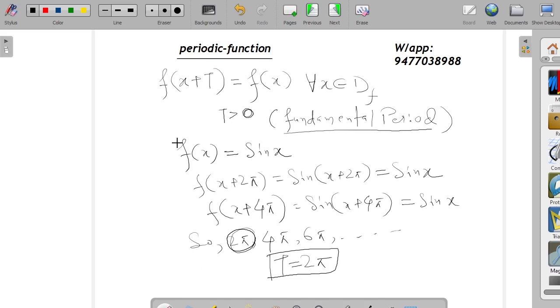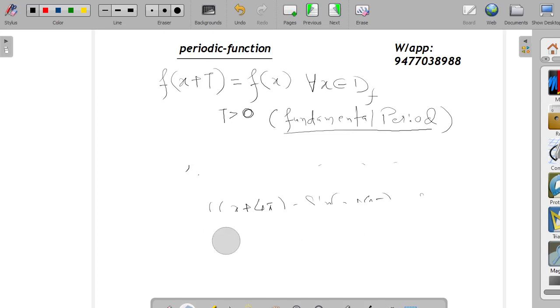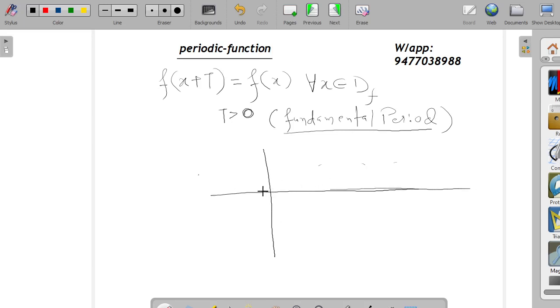Let me draw the graph of sin x. So 0, this is pi, this is 2 pi.